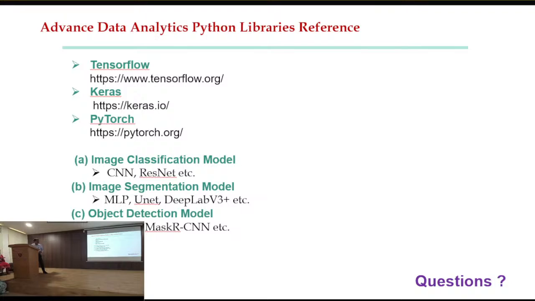Keras also you can do, PyTorch, and also classification models like CNN model, ResNet model, and the important model where we have worked most is the UNet model. You can use MLP, UNet, whatever model you like, and then object detection models also you can do, YOLO, and then the CNN, etc. All these are very much the latest technologies or latest libraries which are available in open source. You can pick one of the models and try to customize your application.